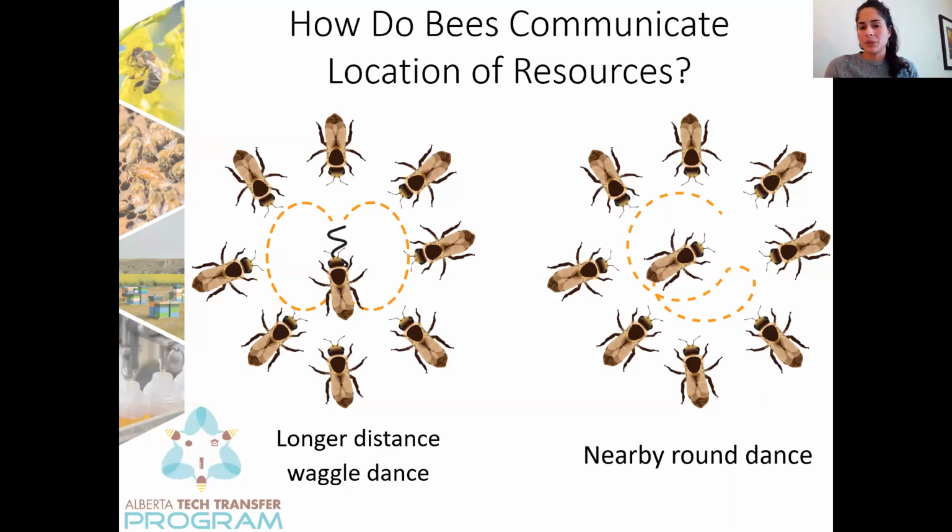And that's basically because what the bee is saying is like, get out, you can't miss it, it's right here. So they don't tell the direction, but they do tell how far it is, and they also give a sample of the resource that they're dancing about.